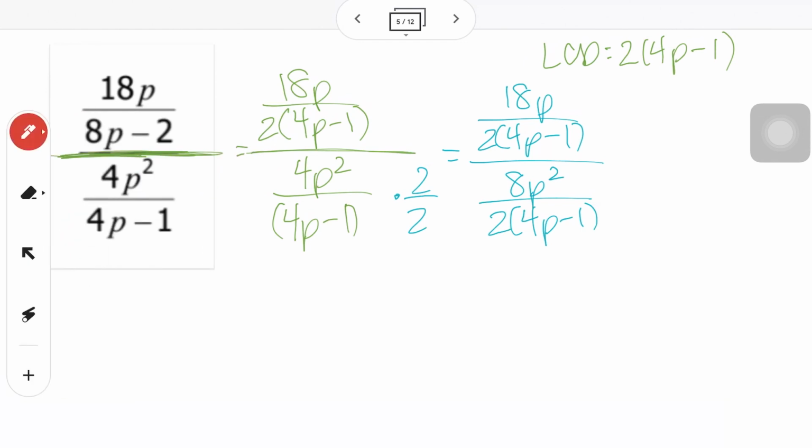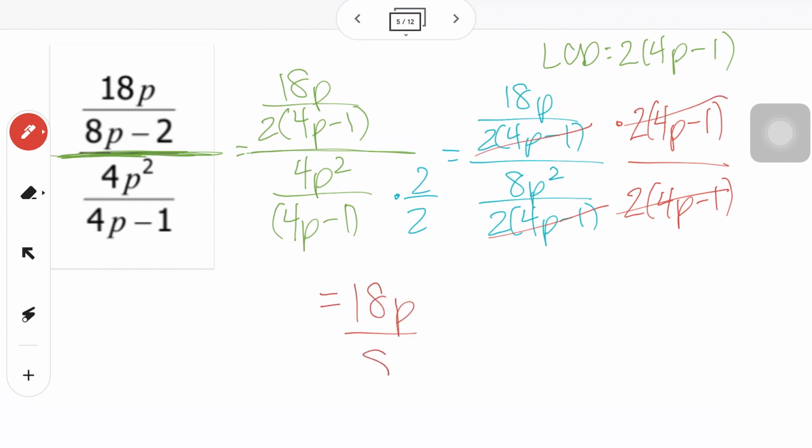Once the denominators match, I'm going to cancel those out by multiplying the entire big fraction by my LCD, the 2 times 4p minus 1 on top and bottom. These will all cancel, and I end up with 18p over 8p squared.